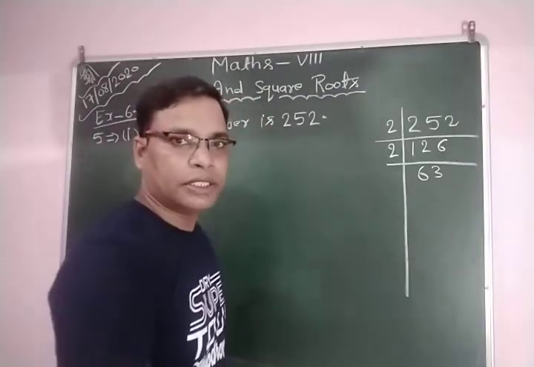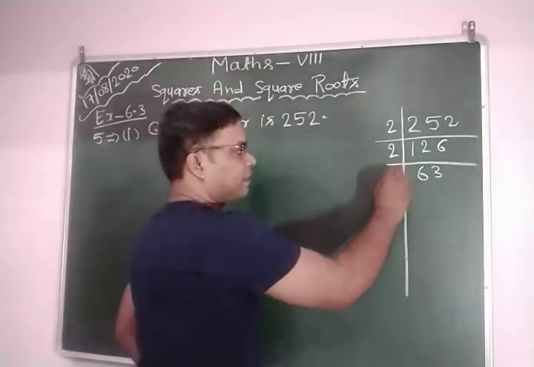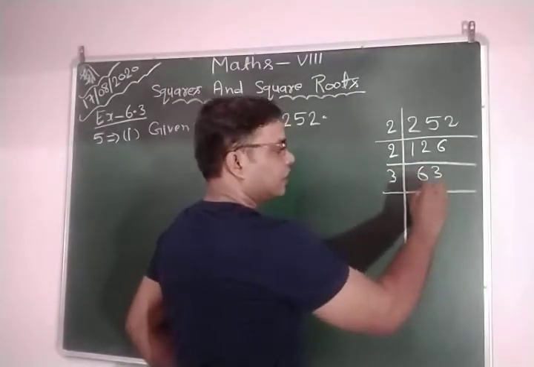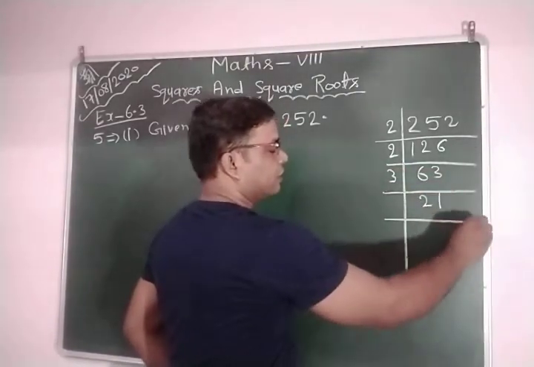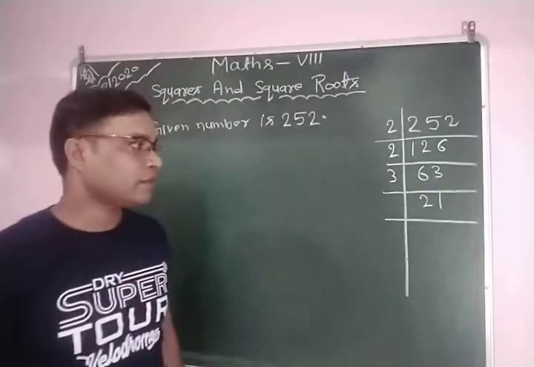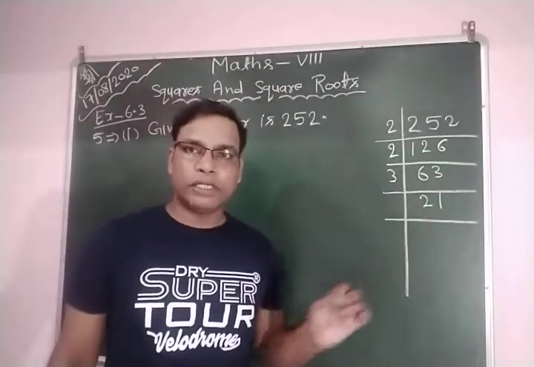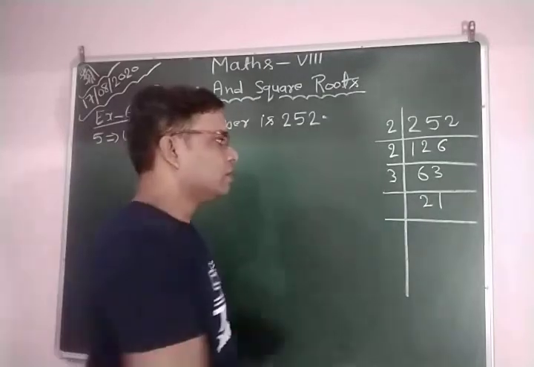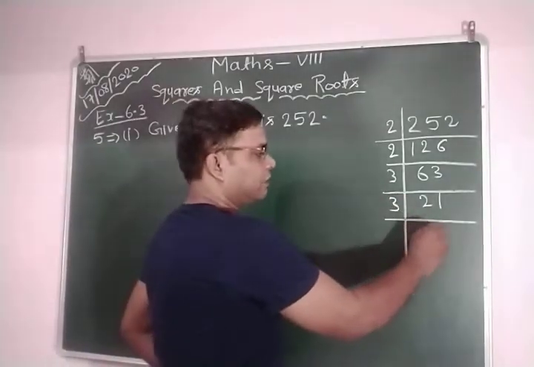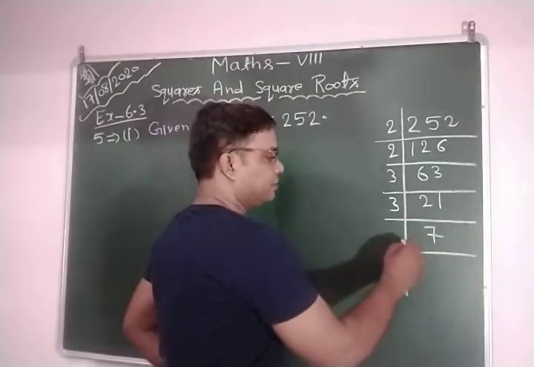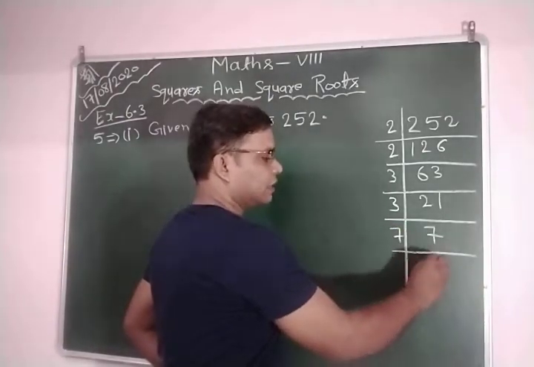So 3 twos are 6, 3 ones are 3. So here this is 21. 21 is divisible by 3 and 7 also. So first you divide by 3, then we obtain 7, and here again 7.